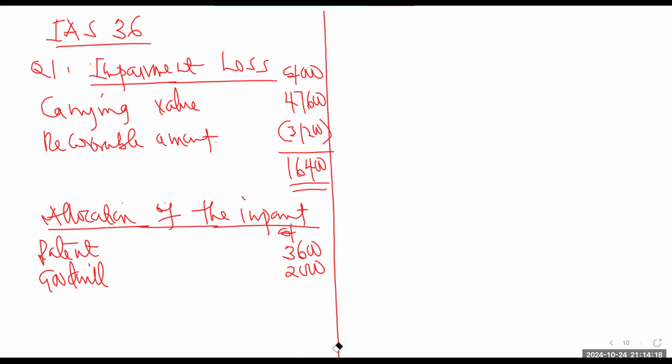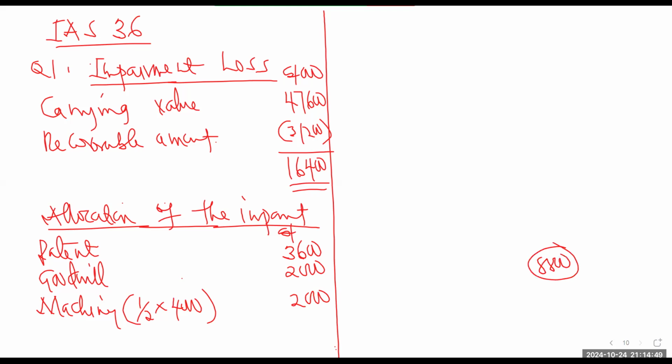Machinery will have 1/2 multiplied by 4,000, and that will give us 2,000. Then what will be the remaining impairment figure? 8,800. 8,000. 800. 800. So this 8,800, how do we go about it?